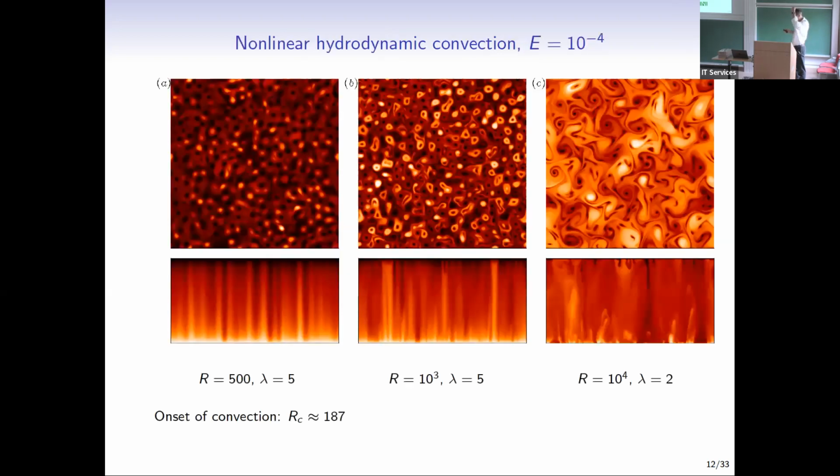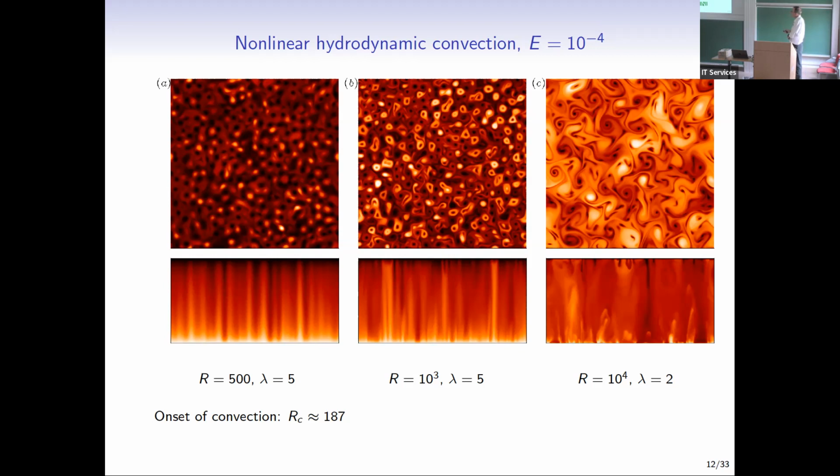Right. So let me show you what's going on. These are just some illustrative examples of what inertialist convection looks like. These are low, but not cosmically low, Ekman numbers.